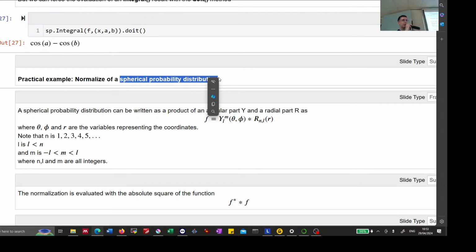Now, it's spherical because it doesn't depend on direction. Do I go in X? Do I go in Y? Or do I go in Z direction? It just measures how far I go. Okay? And that's all to it. Just the distance matters.